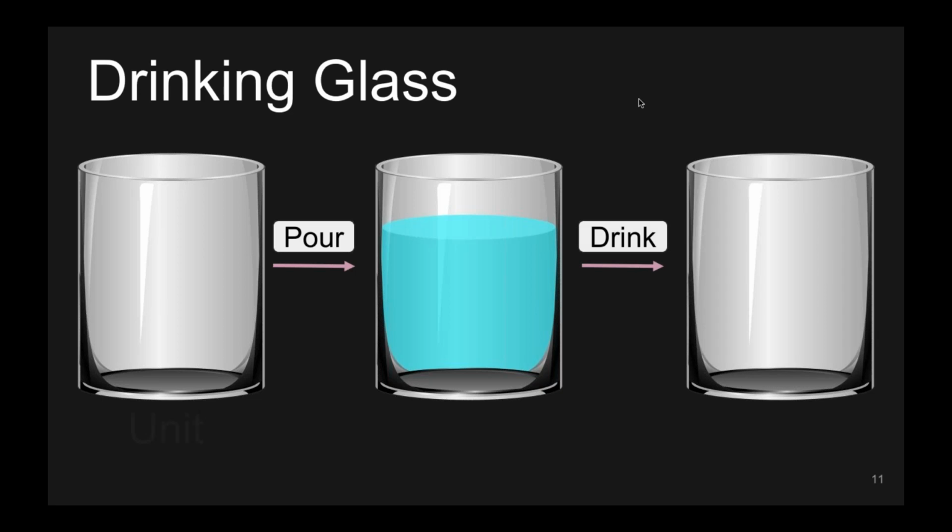But if you were to look at each and every step that I just mentioned, this is actually the first level, a unit test, where I just examined the glass itself, whether it fits into my arm. That's basically the unit test. When I got into pouring water into the glass, I integrated 2 units, the water and the glass, so I got an integration test.